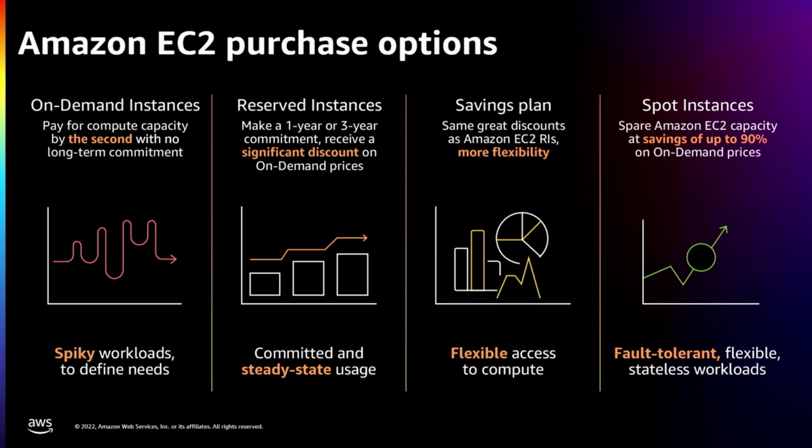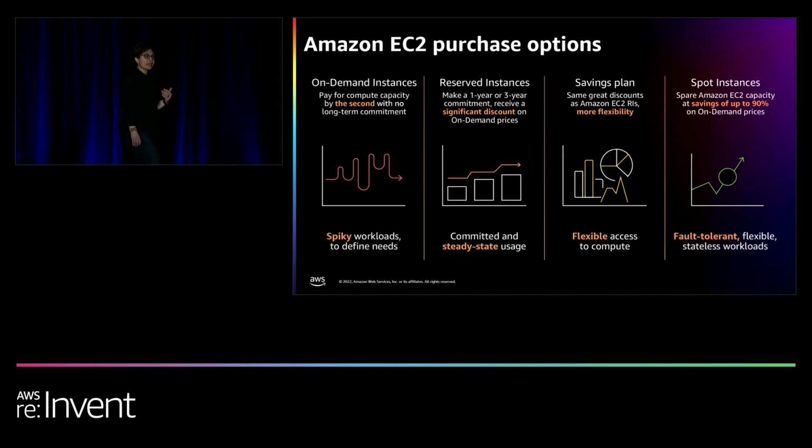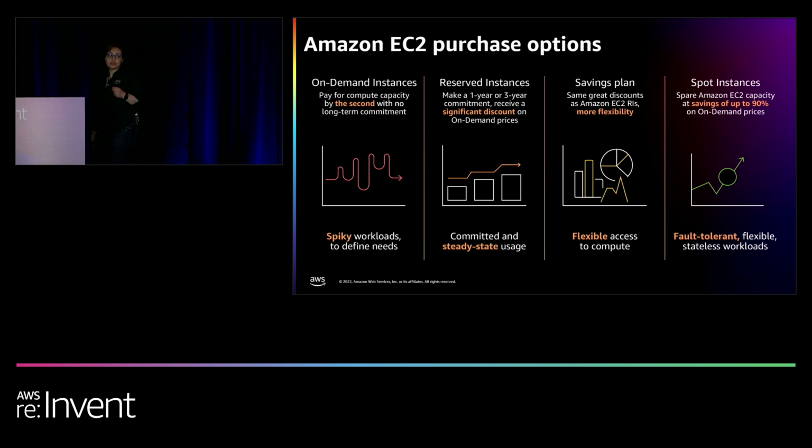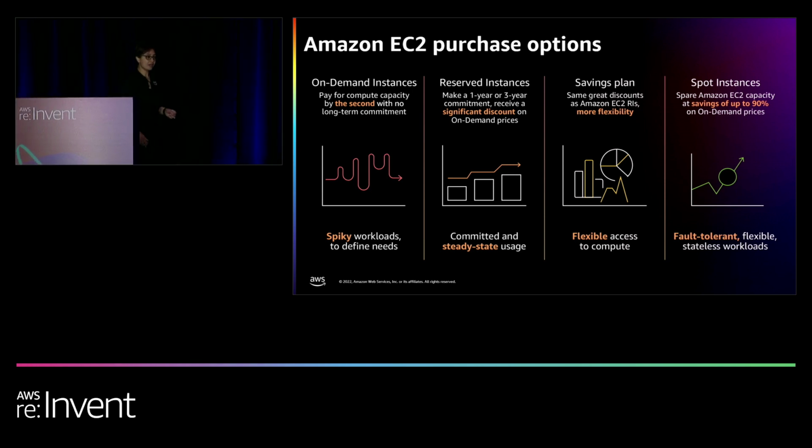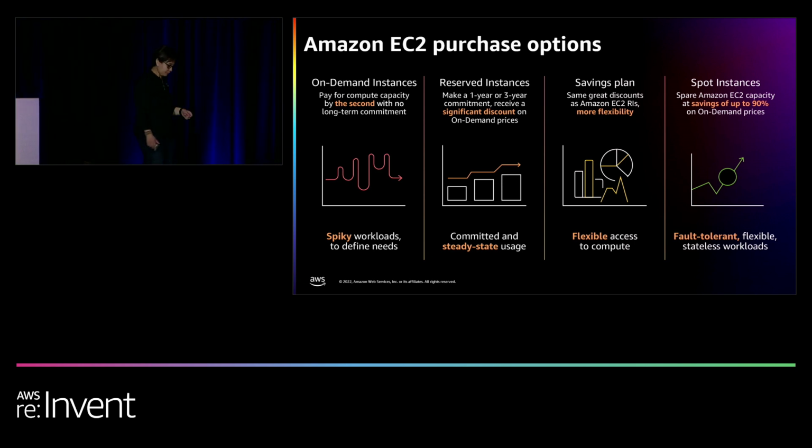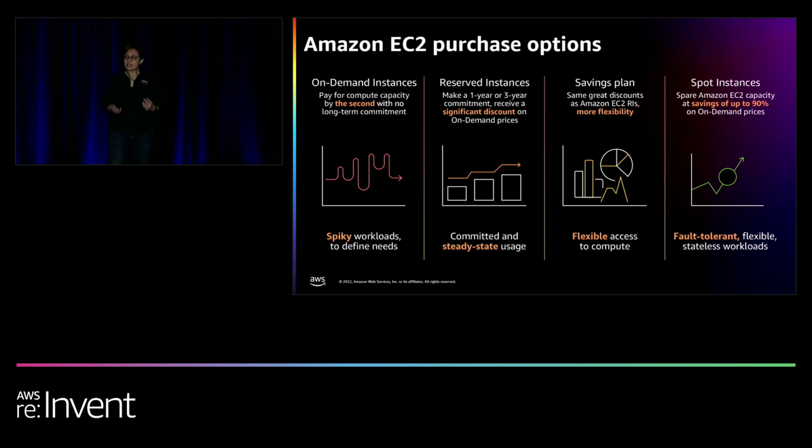Then the reserved capacity, which comes in the form of reserved instances or Savings Plans. This is where you commit over a 1-year term or 3-year term, and in exchange for that commitment, AWS will offer you up to 70% discount over the on-demand price. The best use case for the reserved capacity is always-on workloads, things like your web servers that don't shut down or some of the databases that you don't shut down.